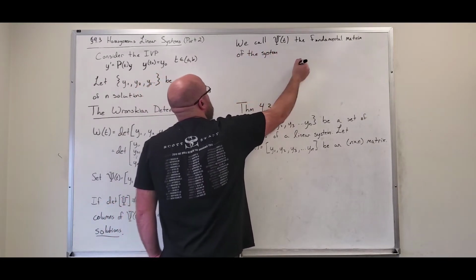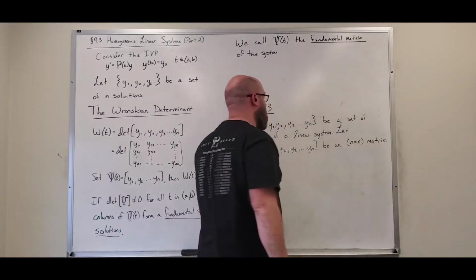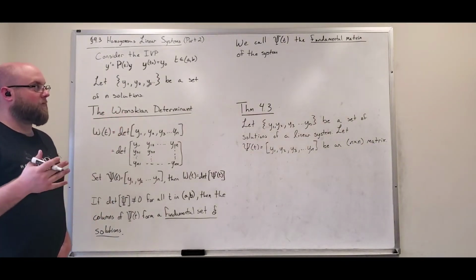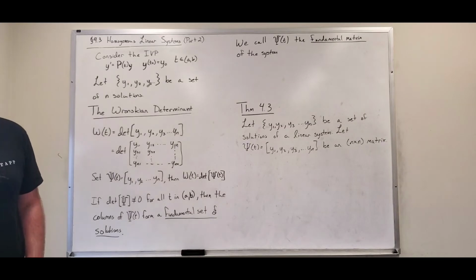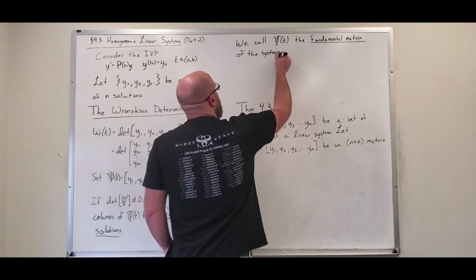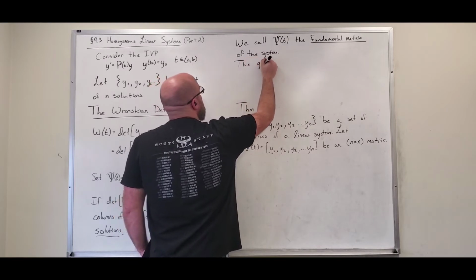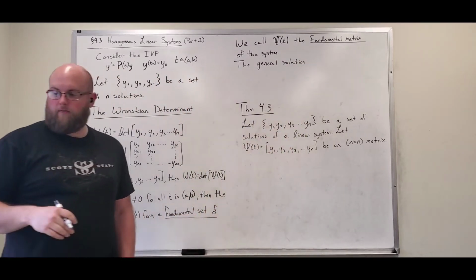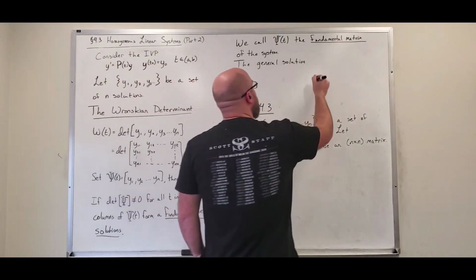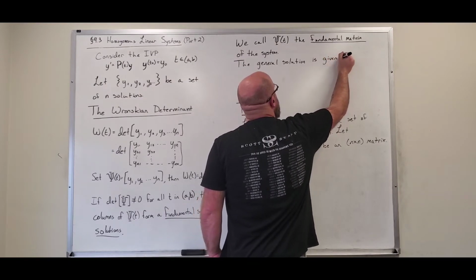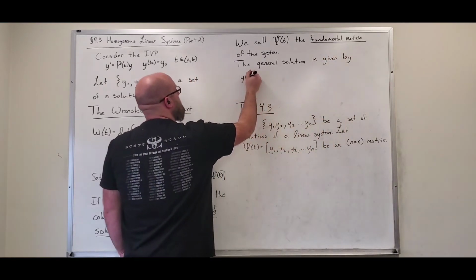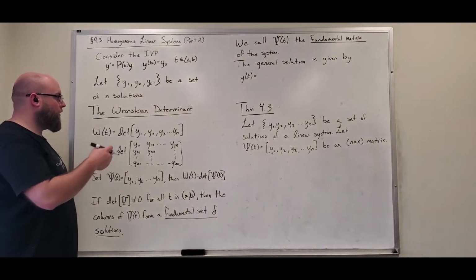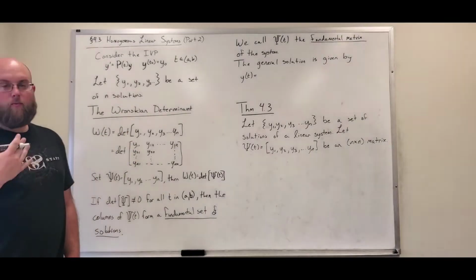So a couple of ways to say that we do form a fundamental set with y1, y2, y sub n, or we could say that this matrix is the fundamental set for the system, or fundamental matrix of the system. The general solution is given by the following. Again, the general solution of the system is given by y of t is equal to this linear combination of y1, y2, y sub n, and then we can rewrite that in our matrix form.